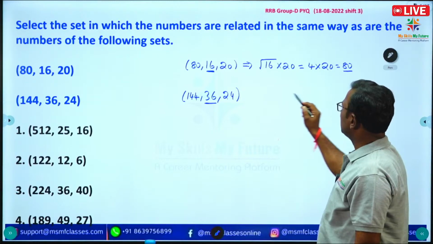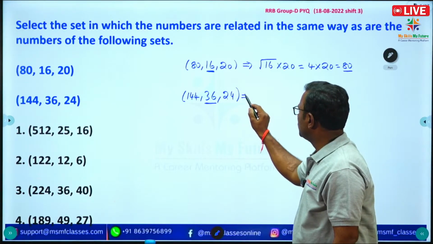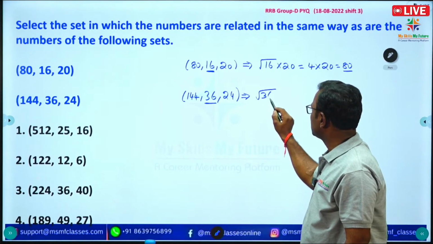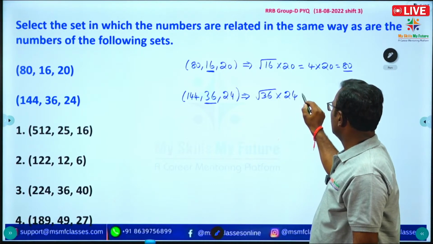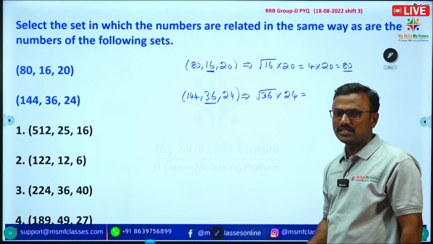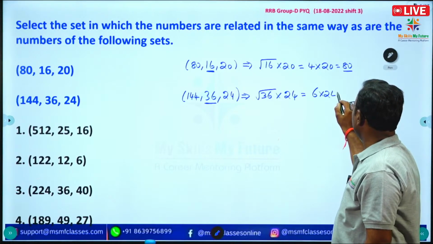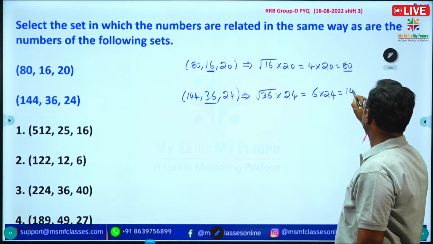So 80 is placed in the first place. Here also the same logic: root of the second number, 36, into the third number 24. Root 36 is nothing but 6, 6 into 24 we get 144, right.